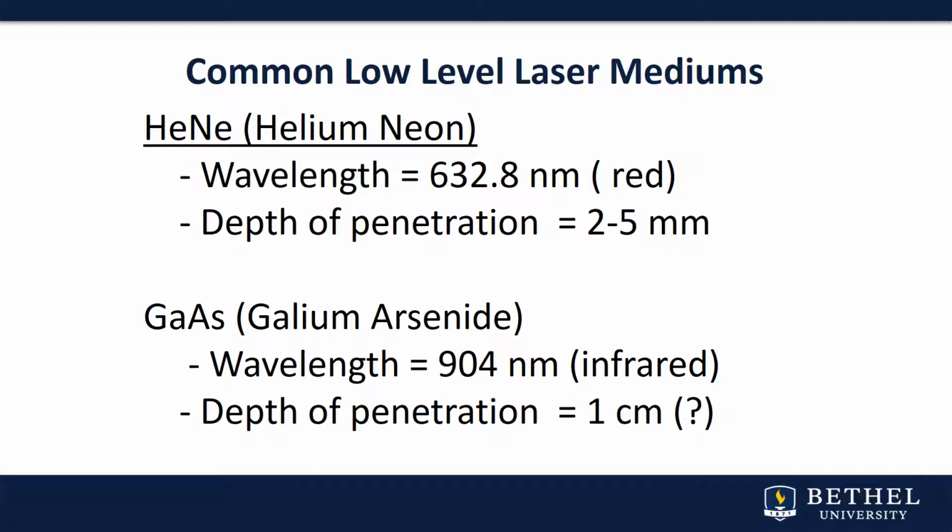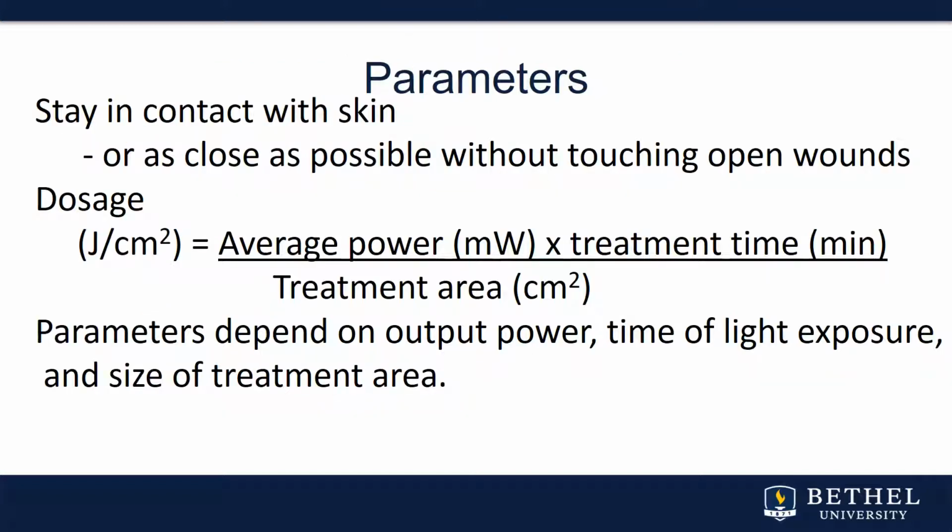As far as setting up the parameters for laser therapy, one thing you need to remember is to stay in close contact with the skin, or as close as possible without touching if it's an open wound. The dosage is figured by this equation that you have here. However, usually this is all calculated in the machine. The machine comes with a specific dosage.